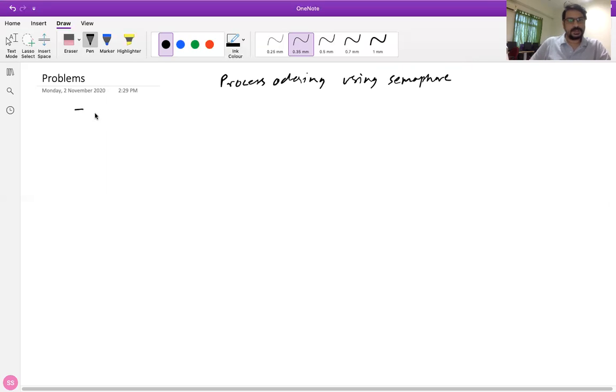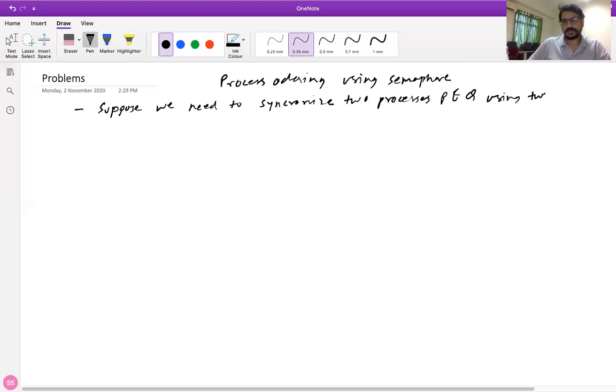Now the question is, suppose we need to synchronize two processes P and Q using two binary semaphores S and T.